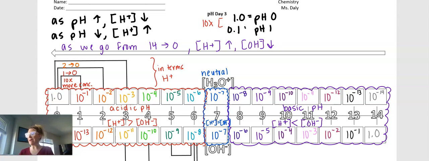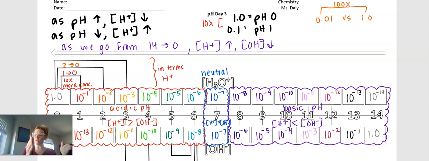If we're comparing that, it's really the same thing as saying 0.01 versus 1.0. What's my difference here? This is going to be 100 times different. So every numerical value of pH is 10 times different than the next. But if we're comparing things that are 2 or 3 values away, that's going to be compounding.